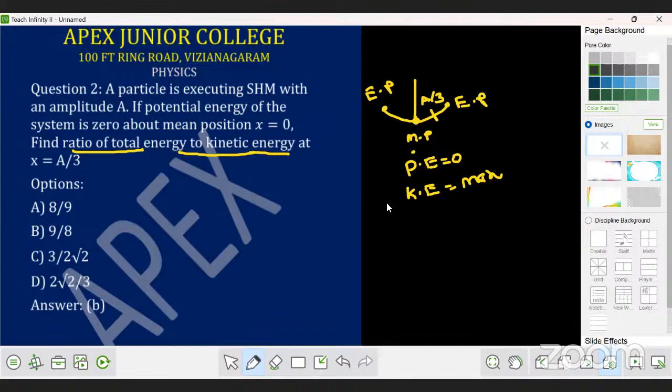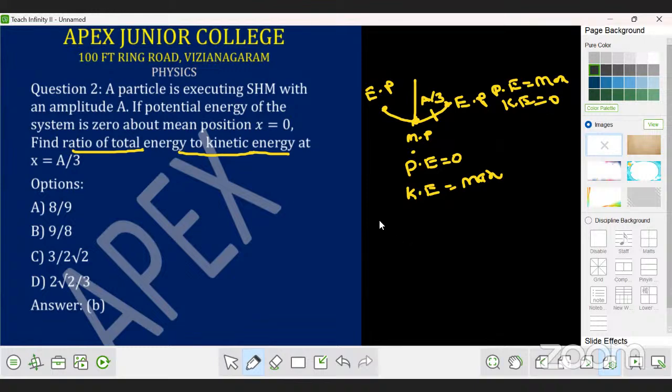Throughout the motion, total energy remains constant. At any point here or here or here, anywhere, total energy is constant. At this point, what is total energy? Kinetic energy plus potential energy. At the extreme position, potential energy is maximum and kinetic energy is minimum.